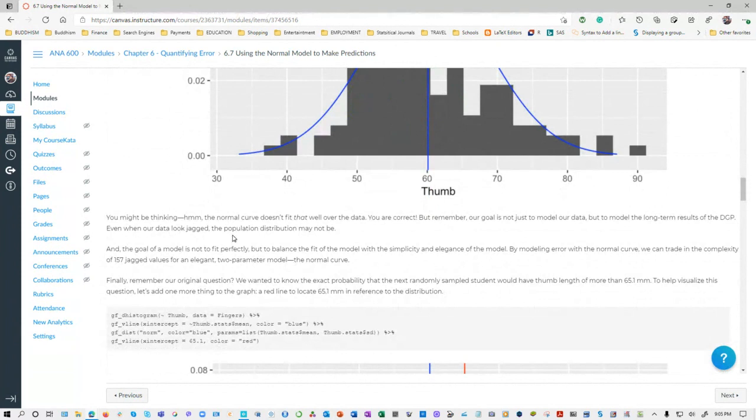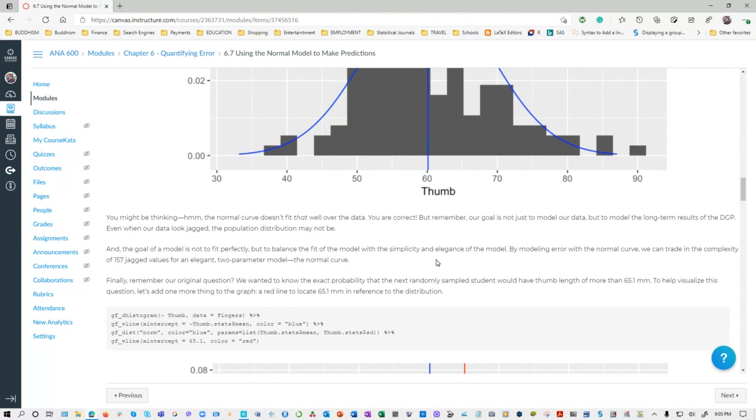Even when our data look jagged, the population distribution may not be. The goal of a model is not to fit perfectly, but to balance the fit of the model with the simplicity and elegance of the model.